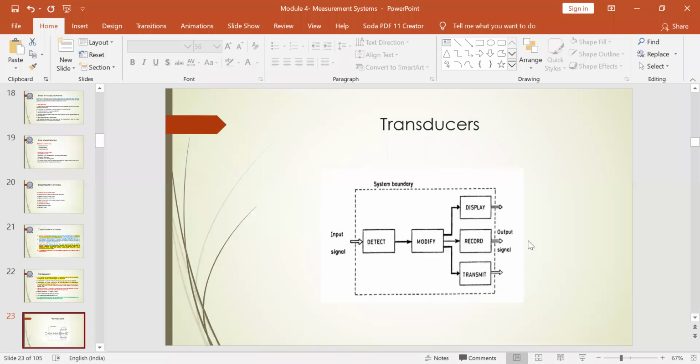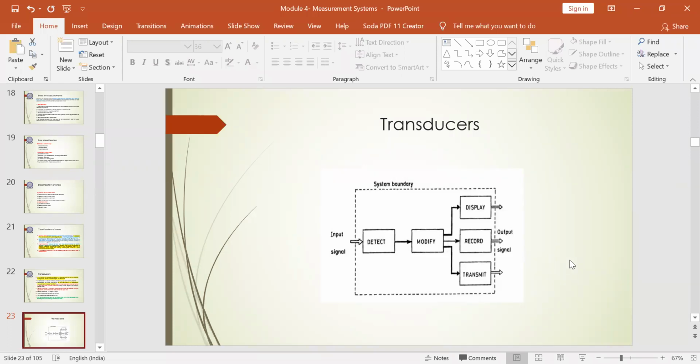And then comes stage 3. Stage 3 will deliver the required output signal. It receives the modified signal and transmits it into the required form of output signal. It could display it directly, or record it, whichever is required as an output signal, or it can transmit the received output signal to some other device if it is connected.